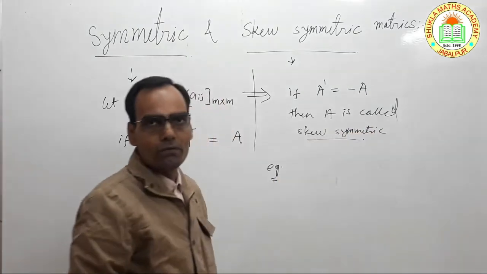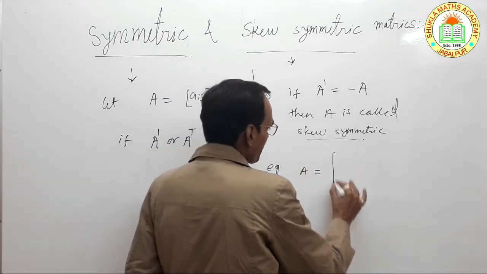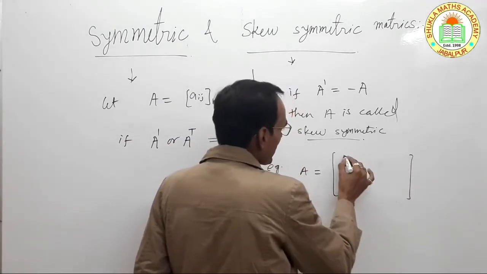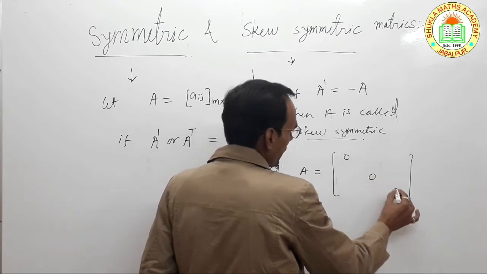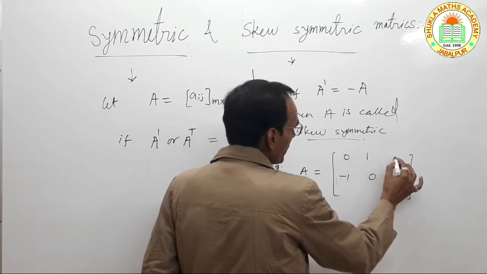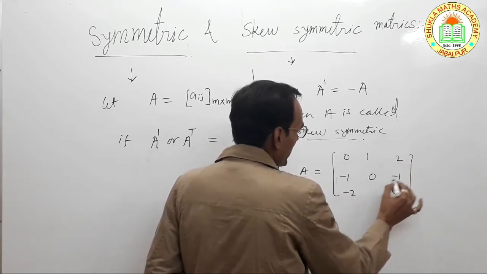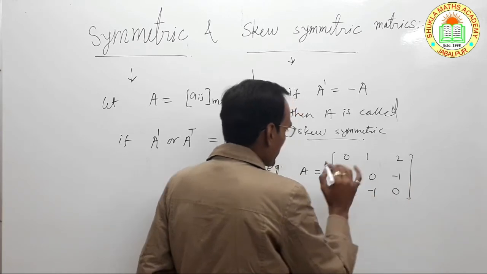Now example of a skew-symmetric matrix is A equal to, let the elements are 0 0 of the principal diagonal and remaining elements are 1, here minus 1, here 2 and here minus 2 and here minus 1 also and here also minus 1.